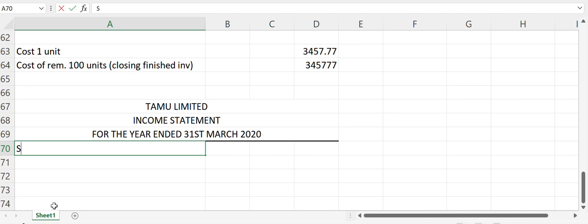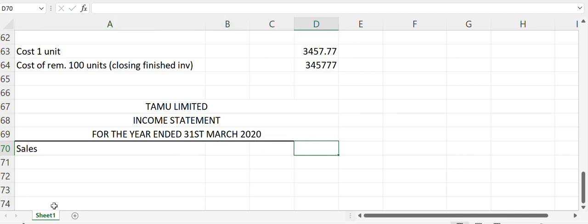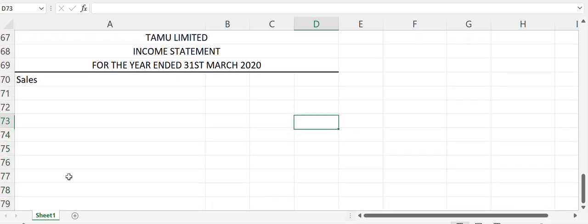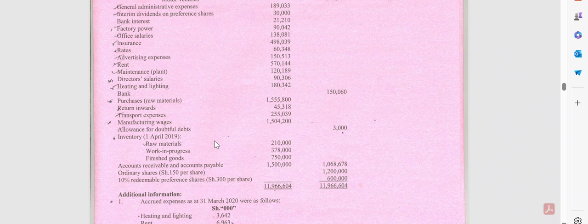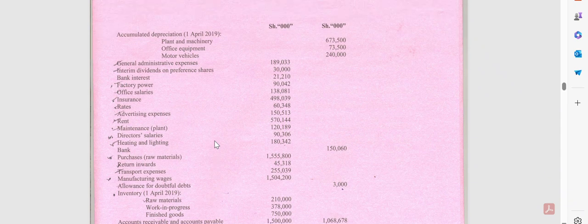So we start with sales. For the income statement sales, let us check the trial balance for the figure for sales. So where is sales here? Sales.